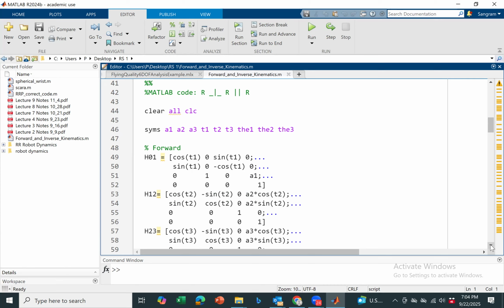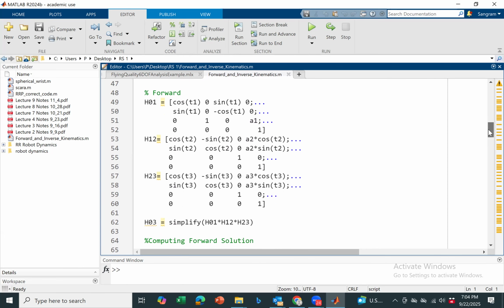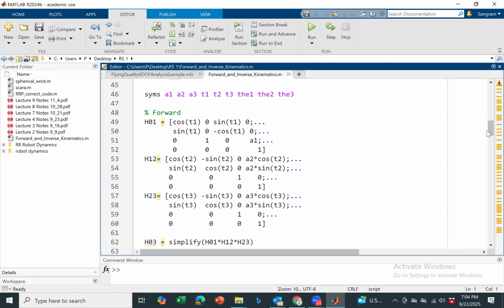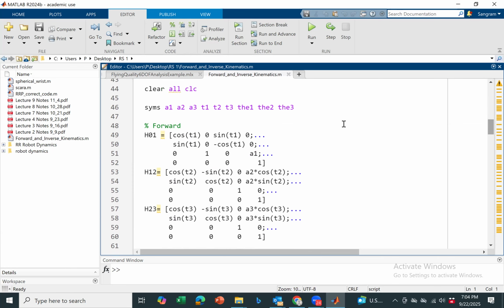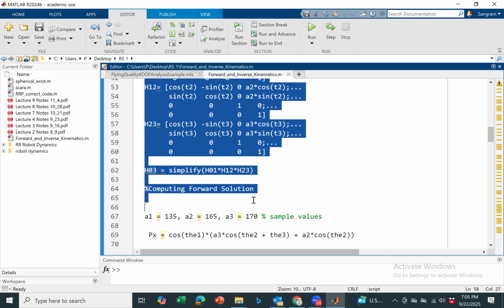You see 2h3? So these three homogeneous transformations, when I multiply, I get the forward kinematic solution. So if you want to run this forward kinematic solution, you can highlight this section, and run.